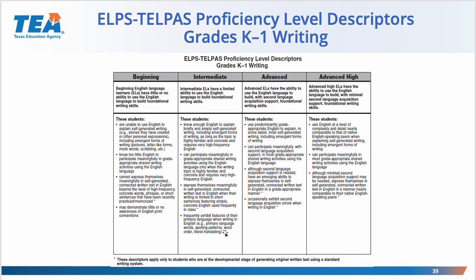I'm trying to think of a specific example for you. Oh man, come on, K-1 teachers, help me out. So the Y sound, like playa, does sound like the Y in English. Yo. Okay.